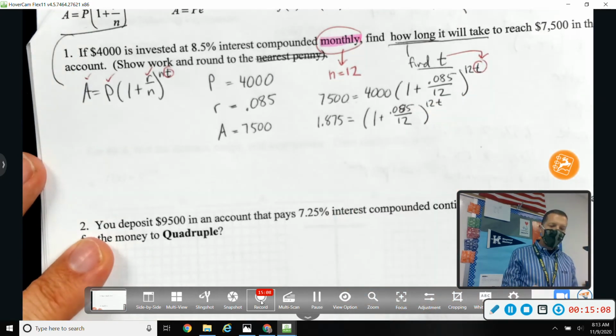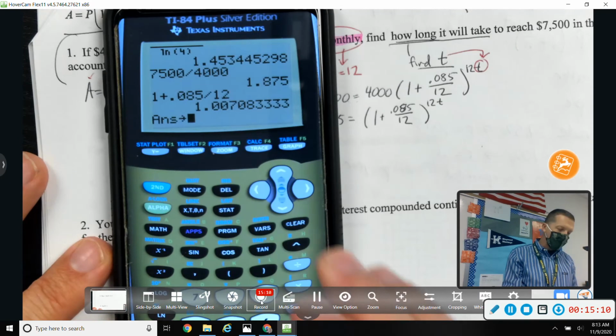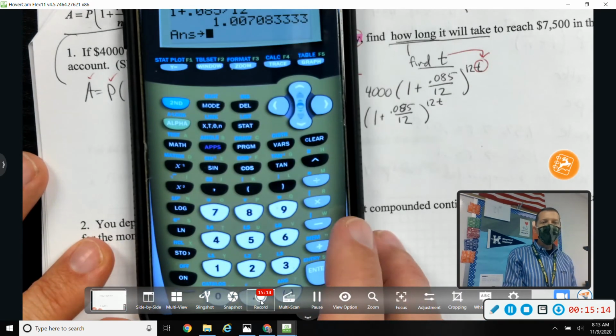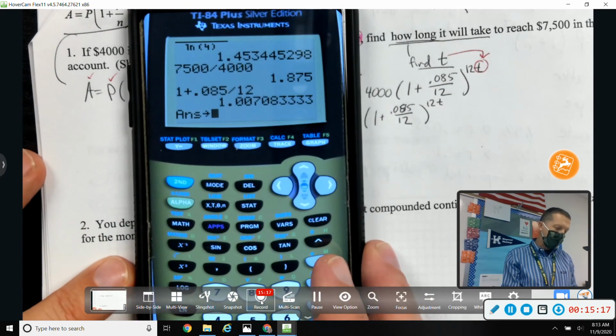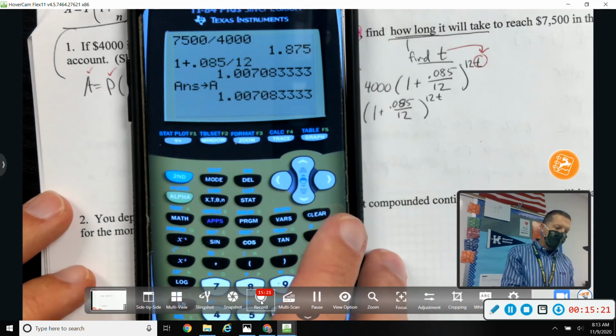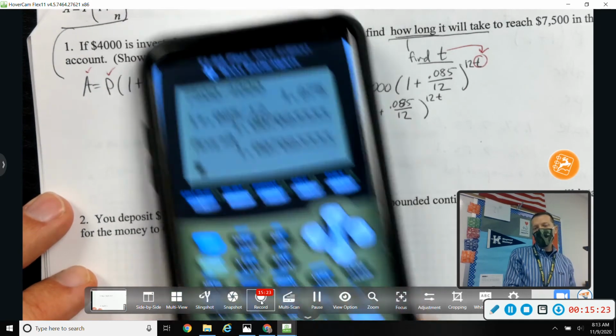If you know how to store it, you can do a store. You hit the STO button, store it as any kind of letter you want. So you can store it as A, and then you can use A every time instead of writing it all out.